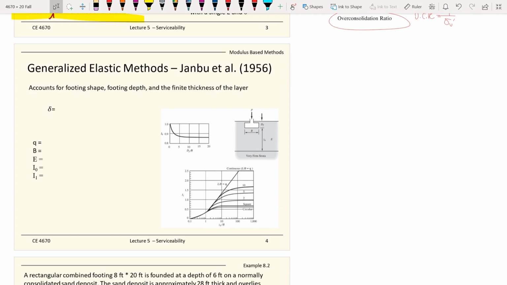So this method is a little bit different, and the formula is I naught times I1 times q times B, divided by the modulus. The q again is the average bearing stress of the soil, and B is the footing width.